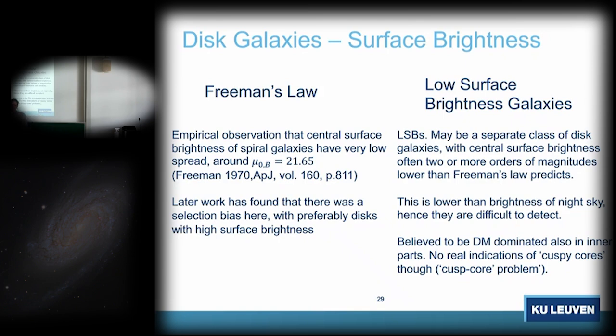One of the reasons why it's important. The cusp-core problem we alluded to again last week when we discussed the properties of dark matter halos. Remember when we looked at the isothermal sphere, right? Then we had one solution which we call the singular isothermal sphere, which went up to essentially an infinite density at r equals 0. And that was a solution to the equations. Now, obviously, we have to truncate it, and we discussed various ways to do that, right?